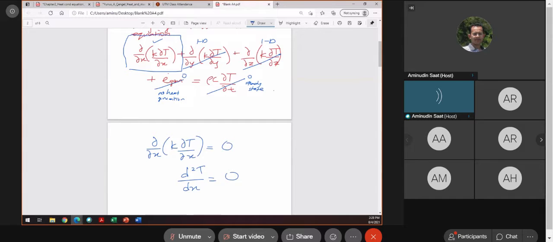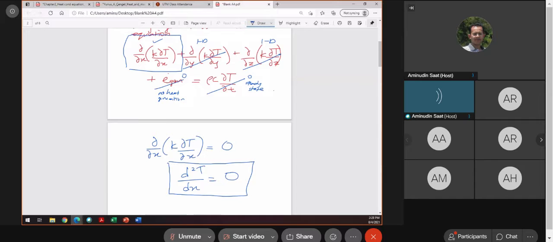Because the k term is a constant, you can remove the k term, and this is the final general heat conduction equation for this problem.